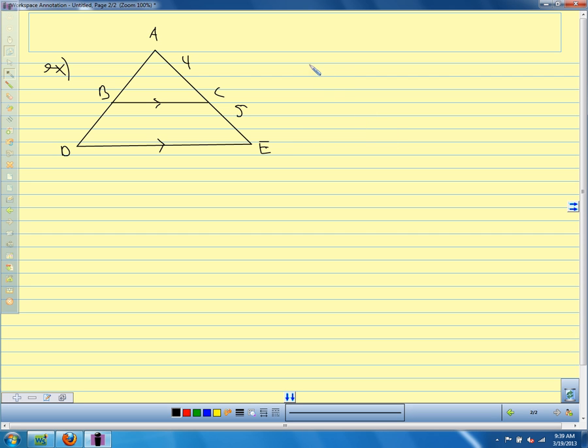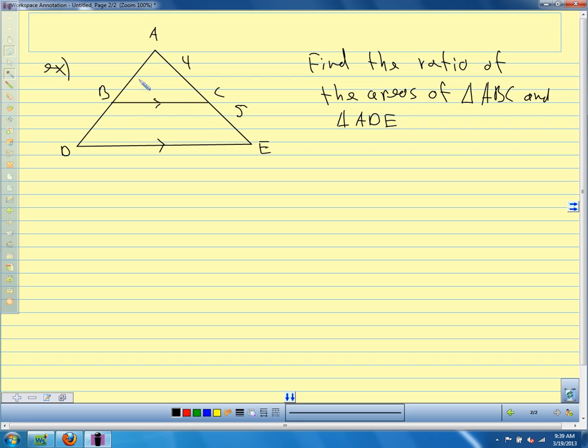And we want to find the ratio of the areas of triangle ABC and triangle ADE. So we're comparing the small triangle here to the big triangle there.